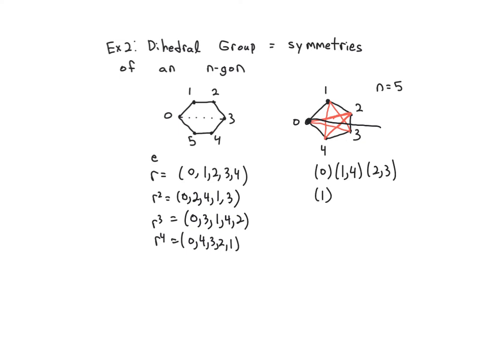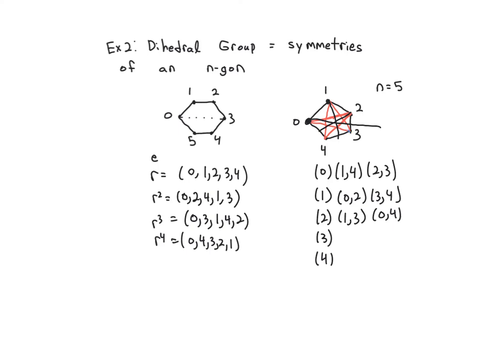The reflection fixing 1 has to swap 0 and 2, and 3 and 4. The reflection fixing 2, there's a reflection fixing 3, and there's a reflection fixing 4. So reflection fixing 2 swaps 1 and 3, and 0 and 4.